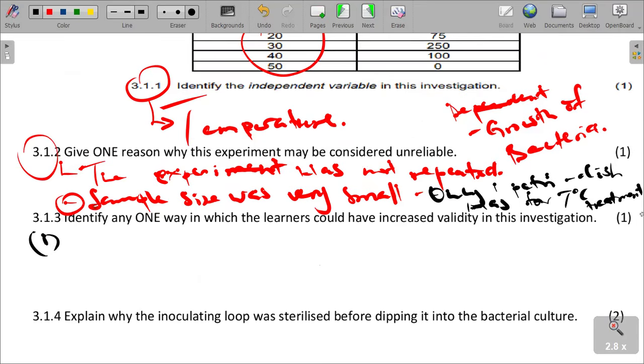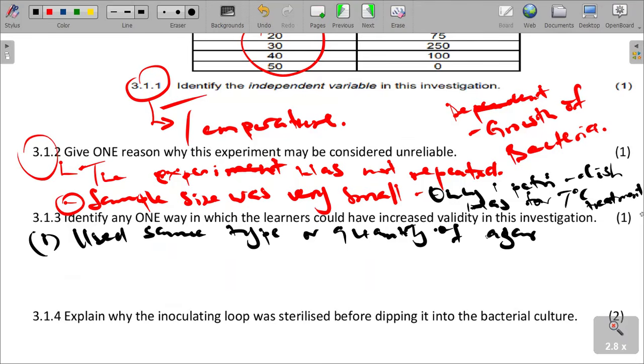They should have used the same type or quantity of the agar. We can also talk about the same type or quality of agar, which can make the result valid.